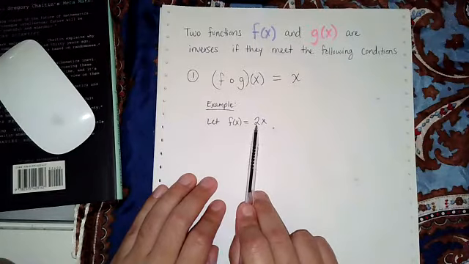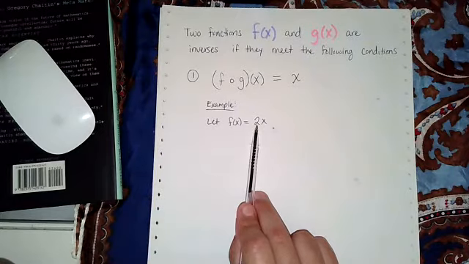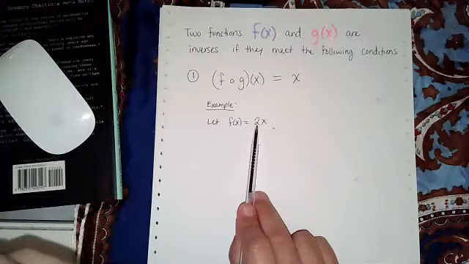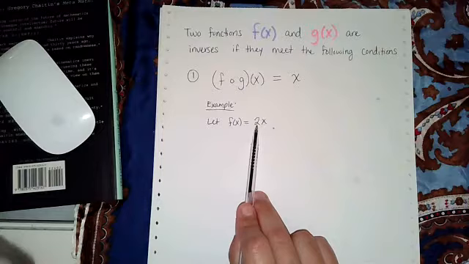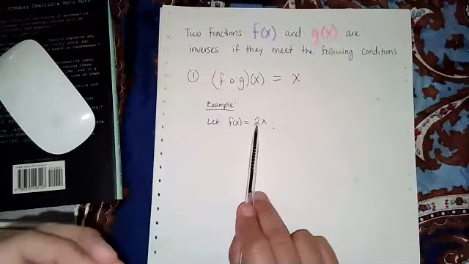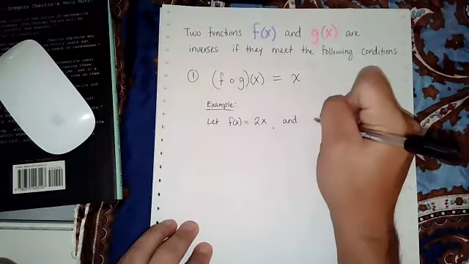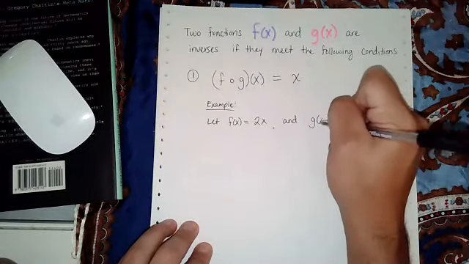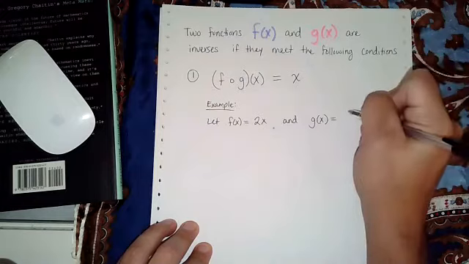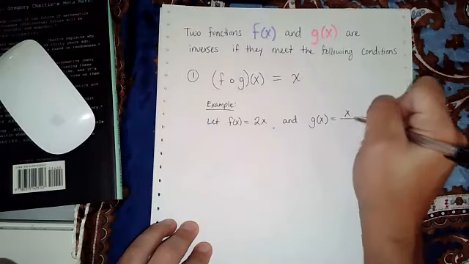Can anybody tell me, or sort of think about, what is the opposite of multiplying something by 2? Dividing by 2. That's correct. So let's say that we have another function, g of x, where we're going to take the input and divide it by 2.